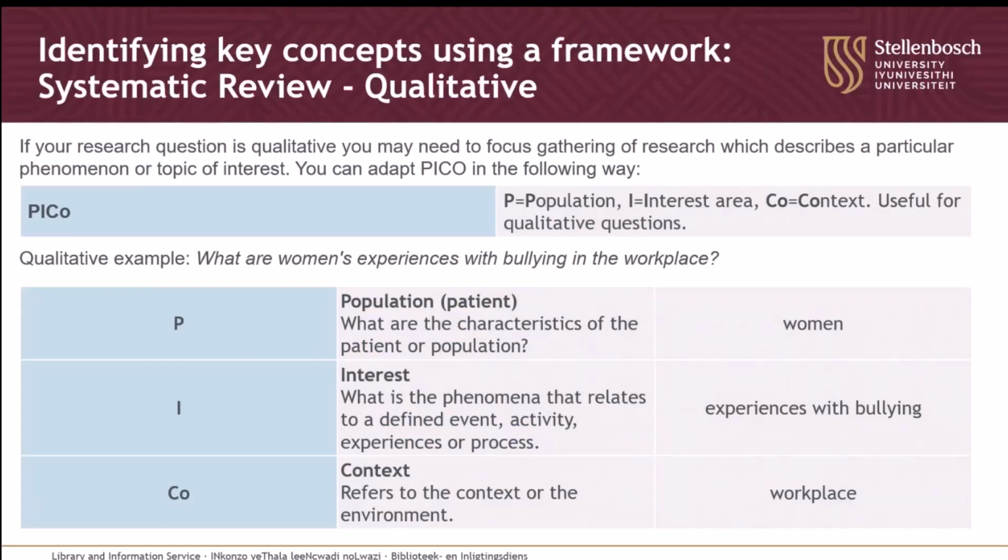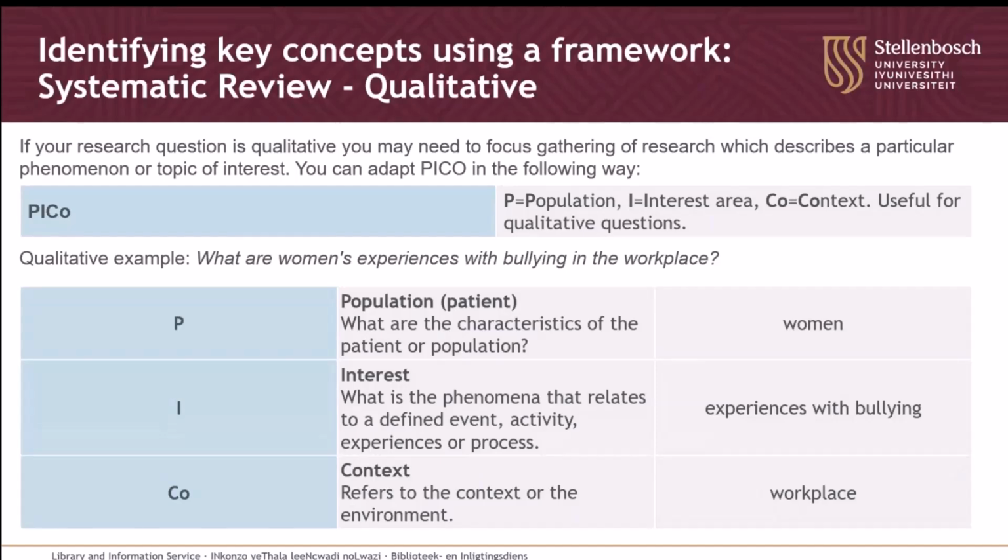Right, so here is one for qualitative studies. If you're looking at a qualitative study, there's a PICO with the small letter o, which stands for population, interest and context. For this example, we use: what are women's experiences with bullying in the workplace. So the population here would be women. The interest, what is the phenomenon you're interested in?